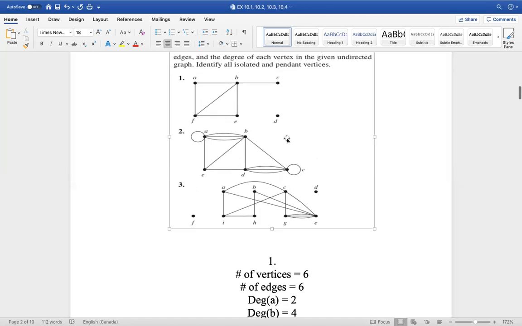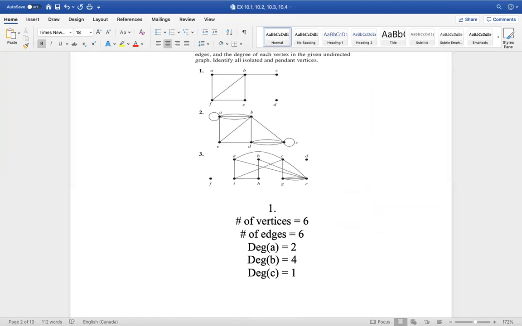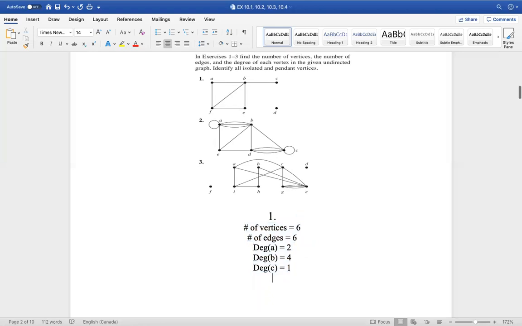Degree of D equals, now D doesn't have any edges coming in and out of it.